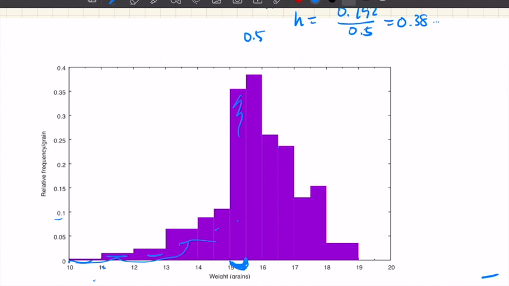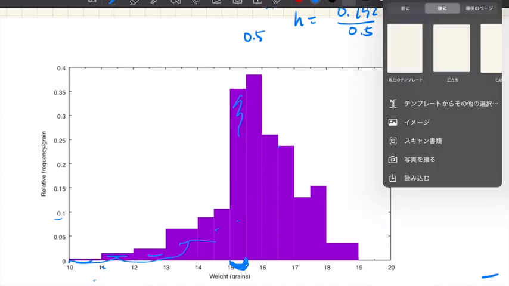In the case of continuous random variables, we define something called probability density function, density.